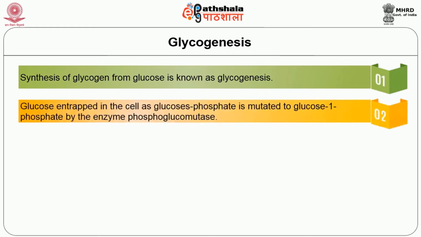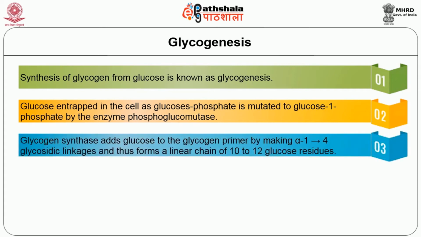Glucose entrapped in the cell as glucose phosphate is mutated to glucose 1-phosphate by the enzyme called phosphoglucomutase, which in turn is attached to UTP by the enzyme glucose 1-phosphate uridyl transferase, forming UDP glucose.